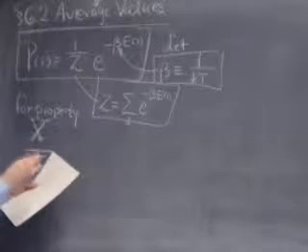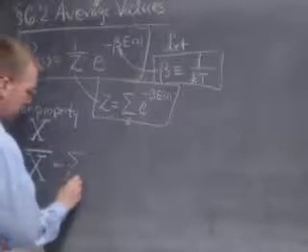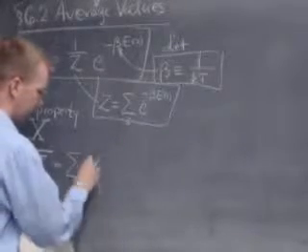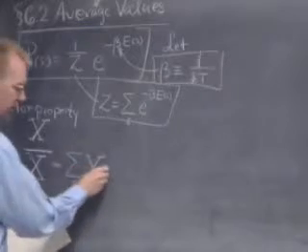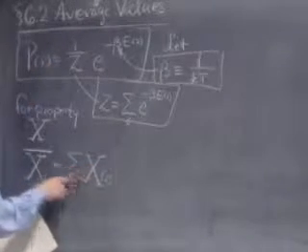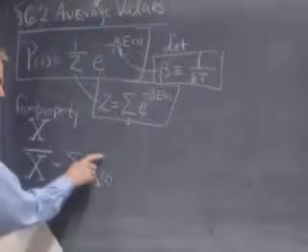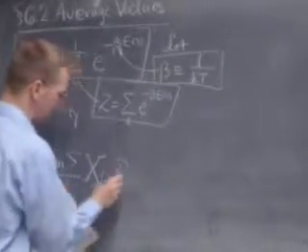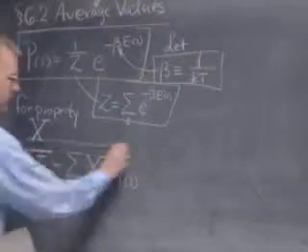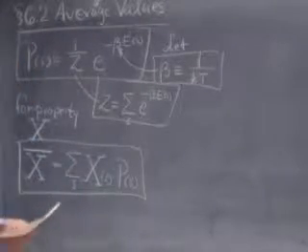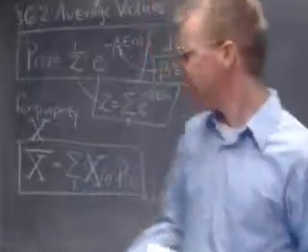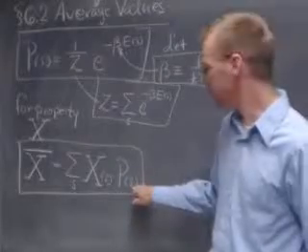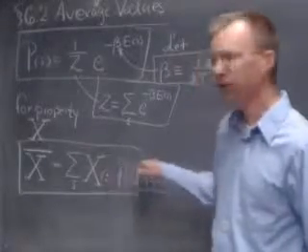The average X of that system is the sum over all microstates of the value of X for that microstate times the probability of it being in that microstate. This is the definition of a weighted average. You add up the value for that microstate times the probability of it being in that microstate for all the microstates.